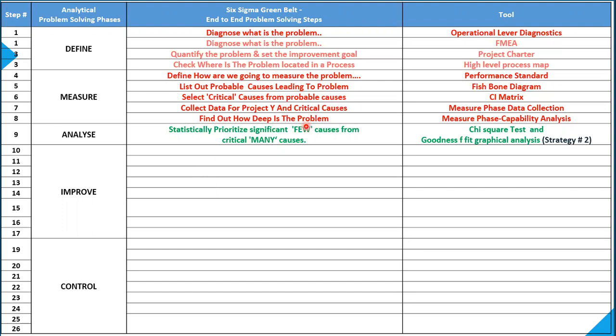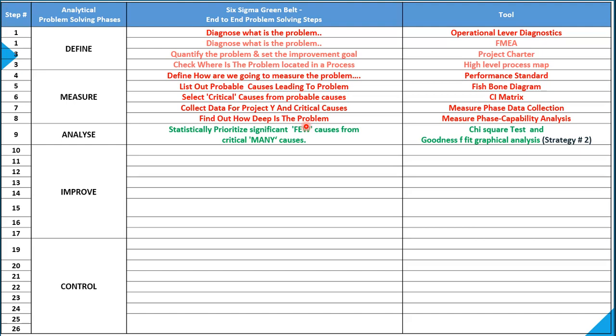So we provided measurable characteristics to the problem. Then our sequential activities: finding the probable causes, converting those into critical causes, and from critical causes to statistically significant causes.